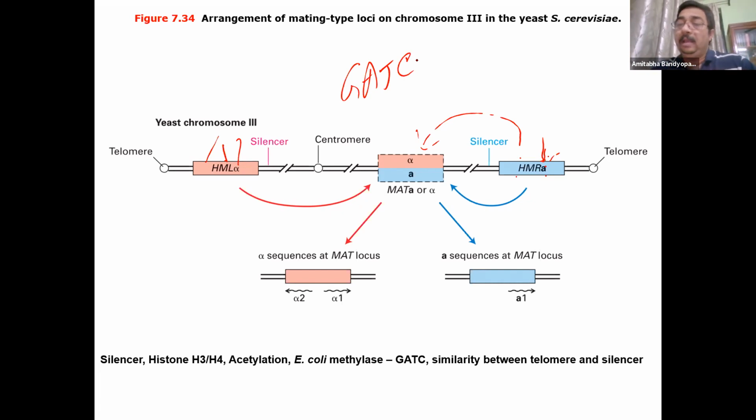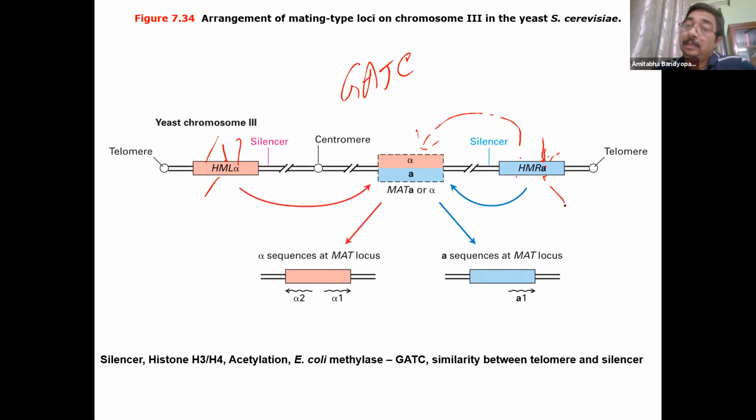Because of the presence of the E. coli methylase, many GATC residues throughout the chromosome will be methylated, but not near the telomeric region, including the HML alpha or HMRA loci.